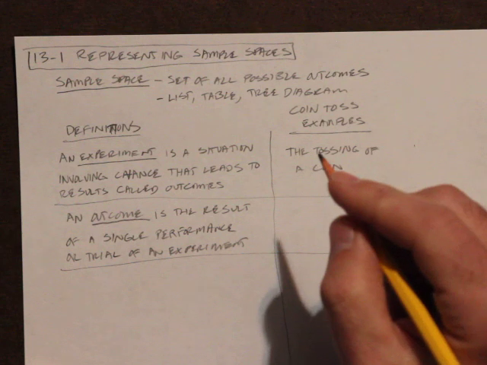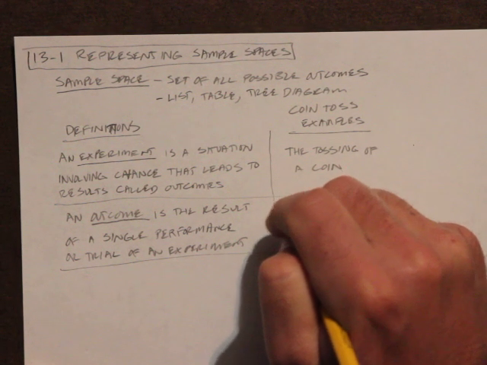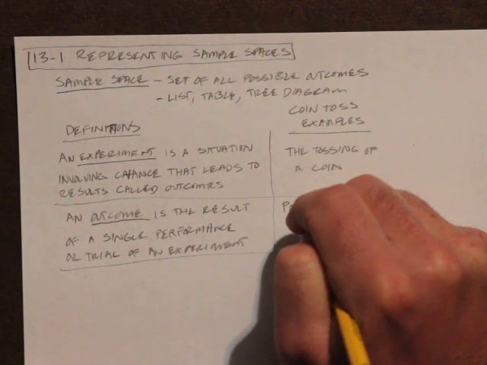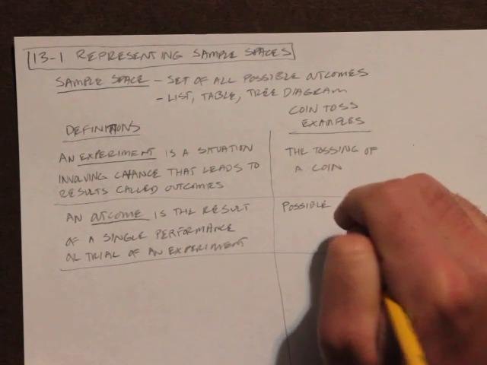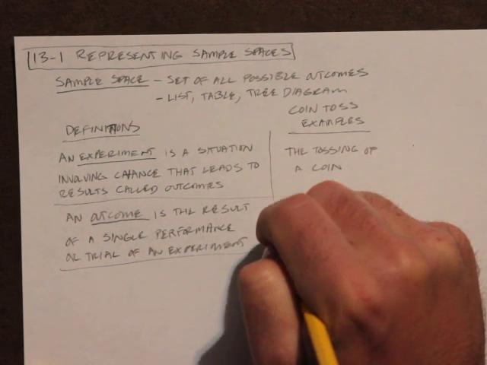So, the possible outcomes are heads and tails. When you flip a coin, you get heads or you get tails.